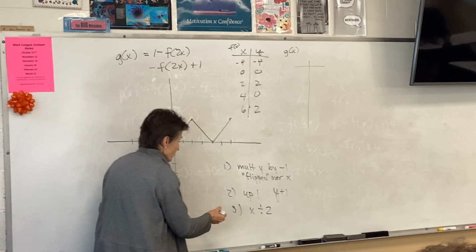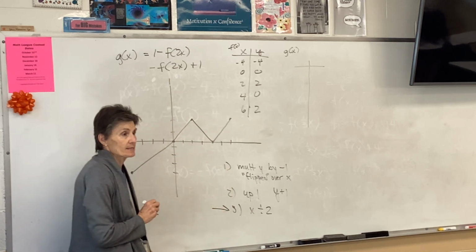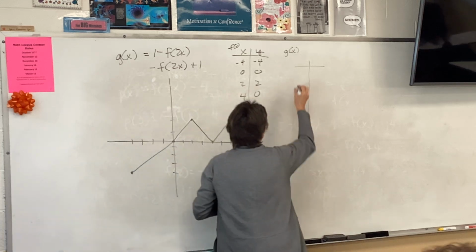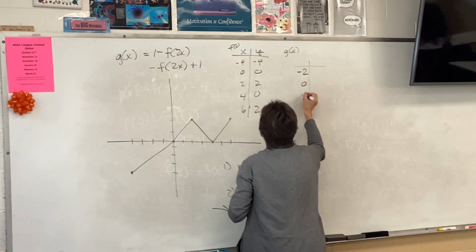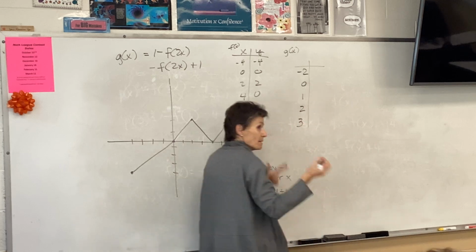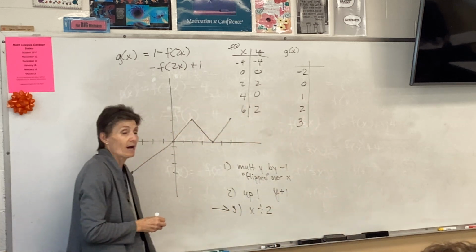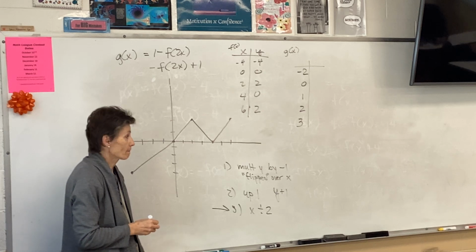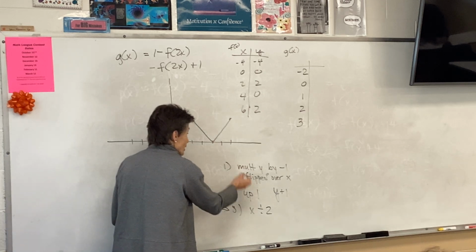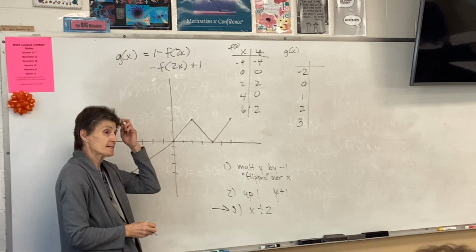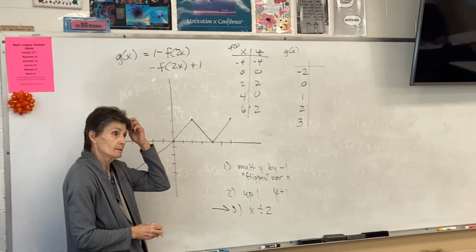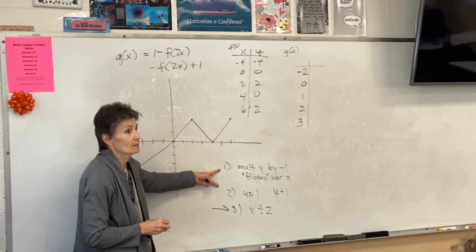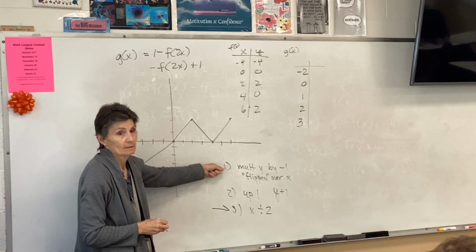So the only one of these that impacts the x's is that one. So my x's become -2, 0, 1, 2, and 3. Does that make sense to everybody? They got divided by 2. Now, 2 things are changing the y's. Which has to happen first? PEMDAS.